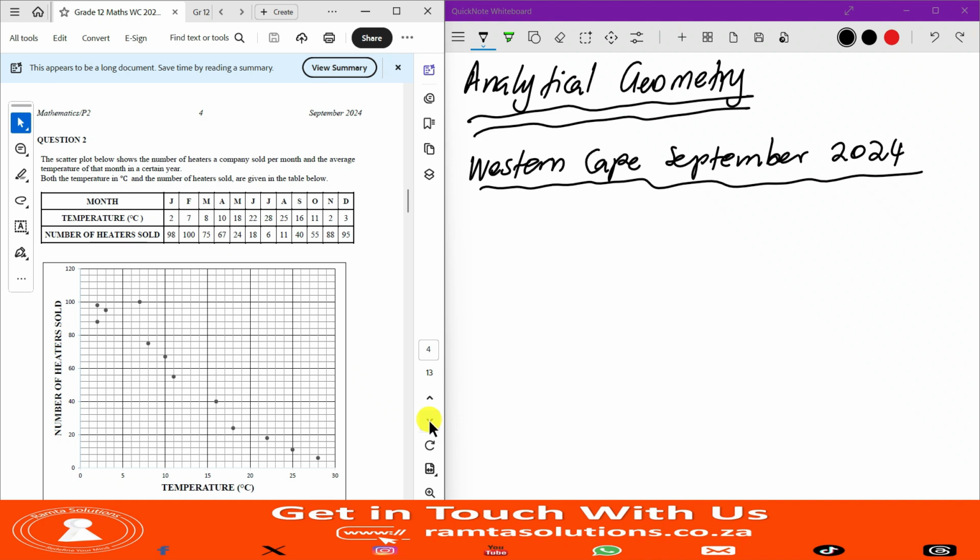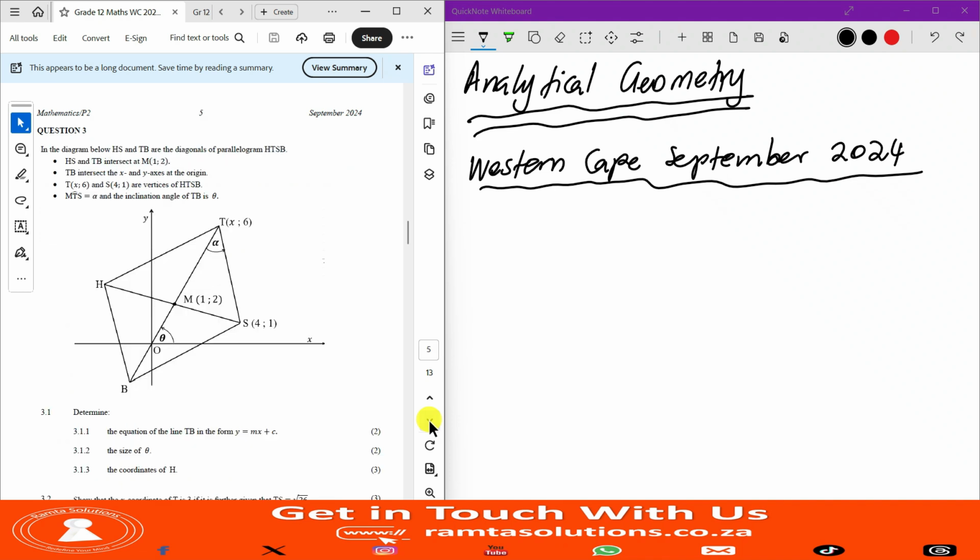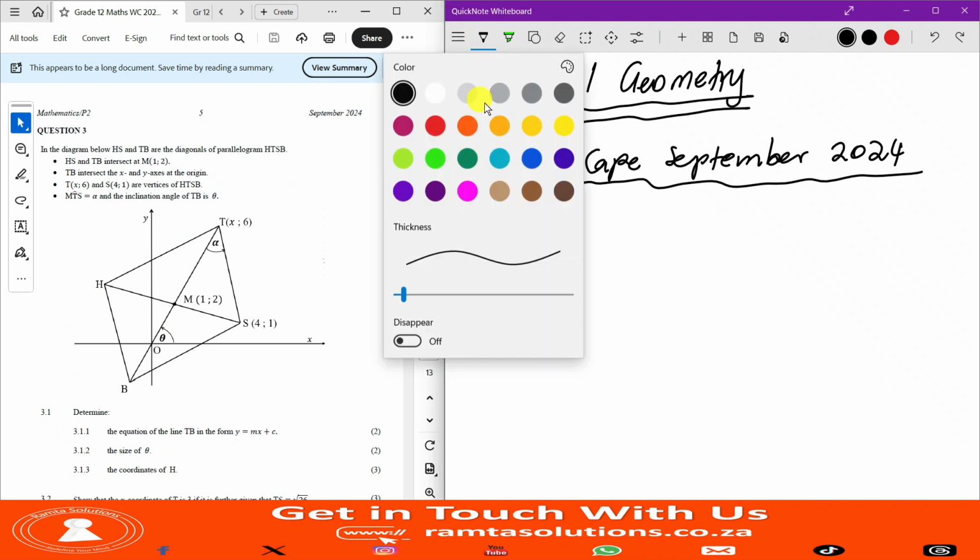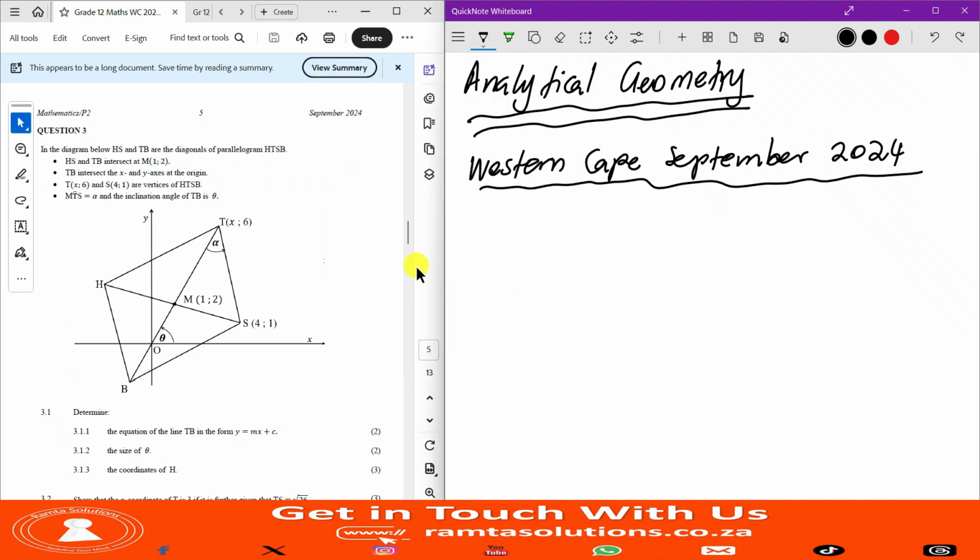Analytical geometry is normally question 3. So let's begin. Okay, question 3. In the diagram below, HS and TB are the diagonals of parallelogram HTSB.